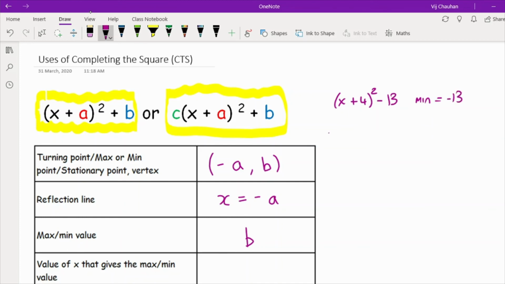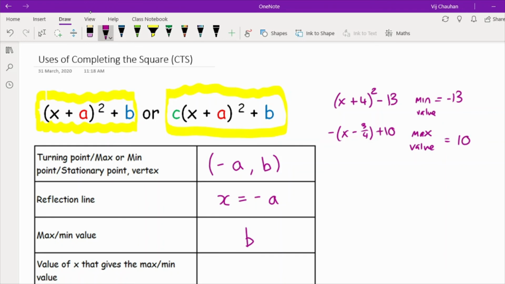If I had minus x minus 3 all squared plus 10, then this would produce a negative parabola, which would produce a maximum value. So the max value is, in this case, positive 10.